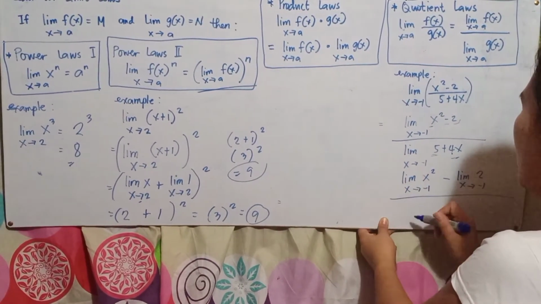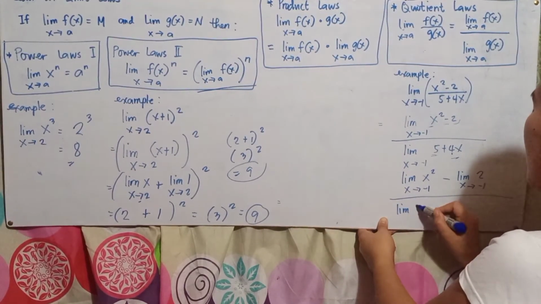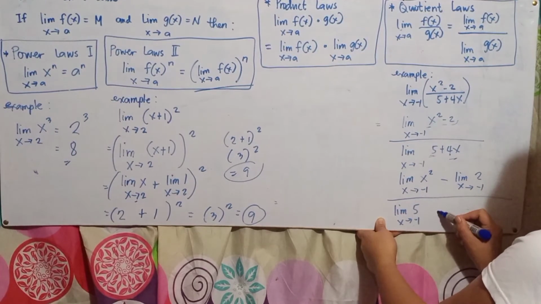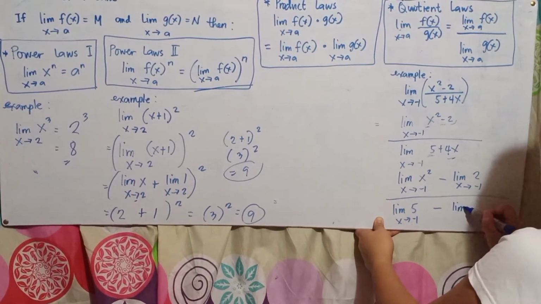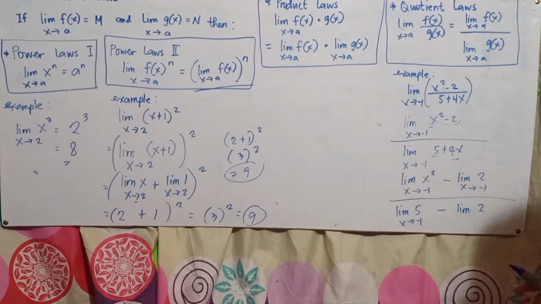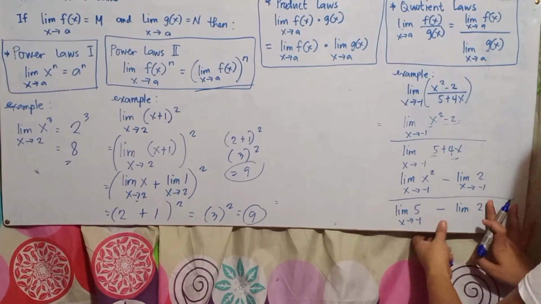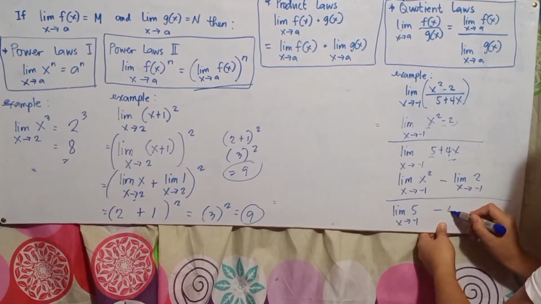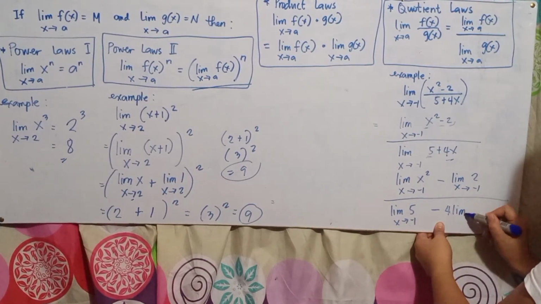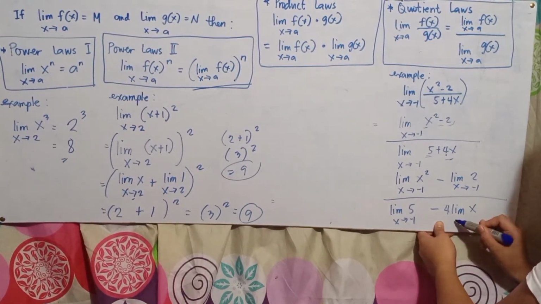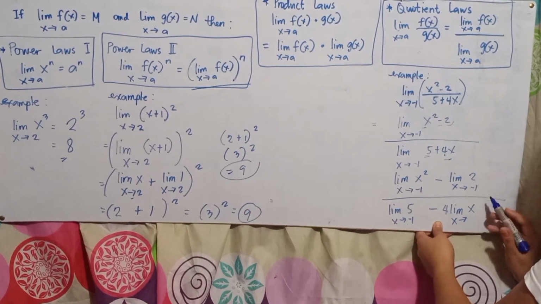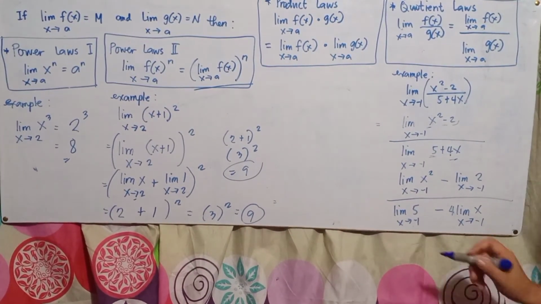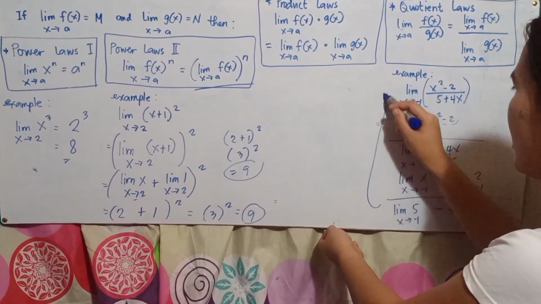So sa denominator, limit of 5 as x approaches to negative 1 minus limit of 4x, so for limit of x as x approaches to negative 1. So, dali na nato isumpay ha.